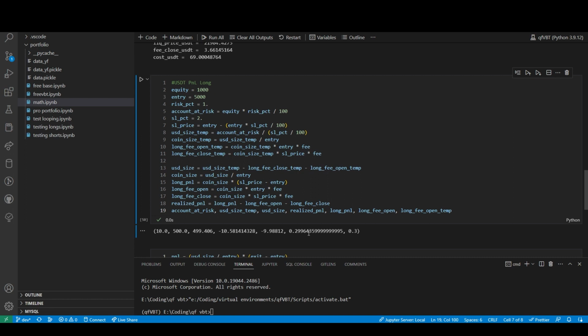That's because the fees are still like 29 cents. I'm not sure if this is even possible, because basically what I'm asking for is a position size with basically no fees. What would the position size actually need to be?